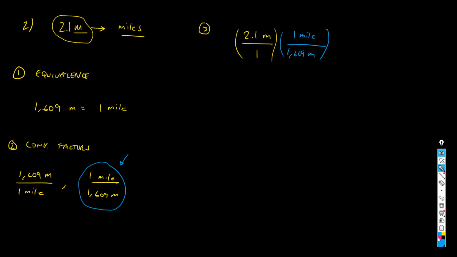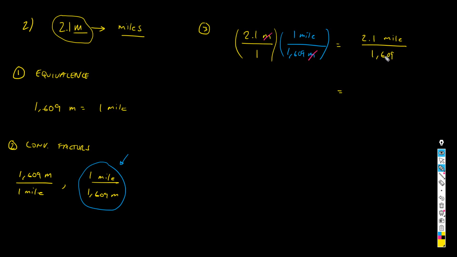There you go. Then if we do this, we can cancel these meters with these meters. And therefore we can just carry out this multiplication of fractions. 2.1 times 1 times mile, we're going to get 2.1 mile over 1 times 1,609, which is 1,609. So this is the result, 2.1 miles over 1,609. And then just simplify. In other words, divide 2.1 over this denominator.